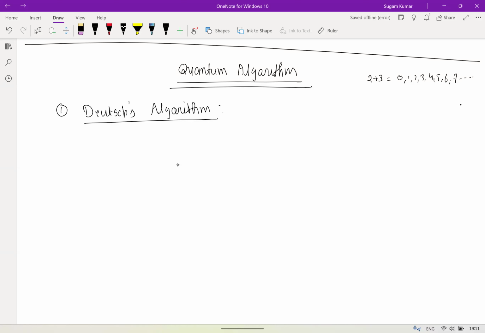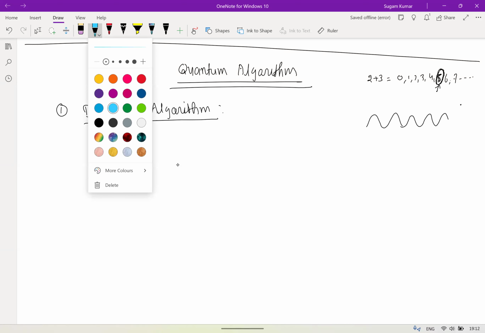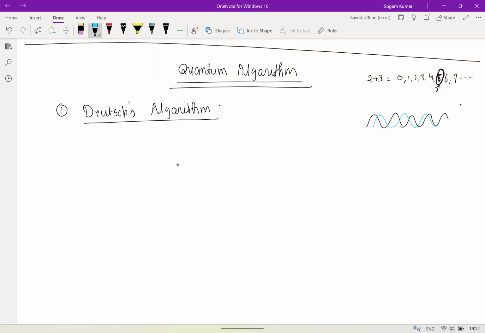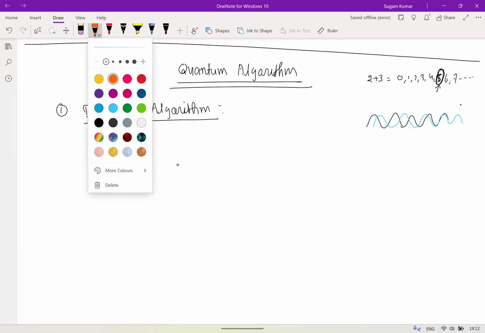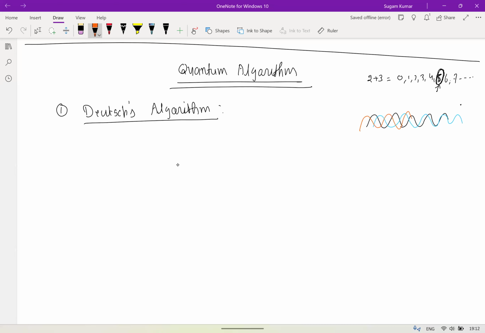But then I discussed in that lecture that the answer is 5, and you have to write down a program so that the probability of the 5 goes higher. So remember that when you talk about superposition, in the superposition state there are many types of waves at the same time. There are many waves that will exist. Okay, so another wave like that.